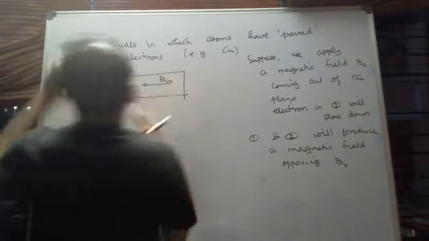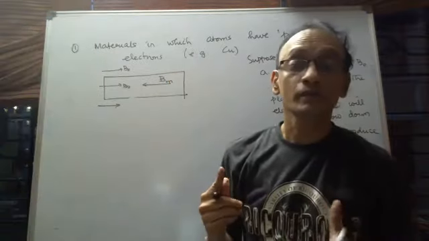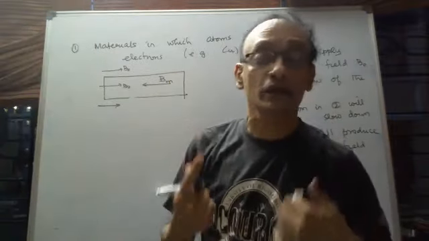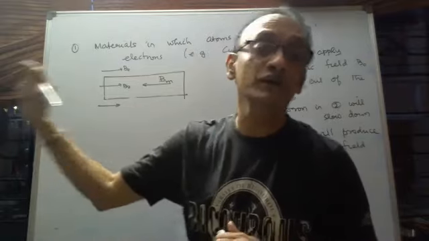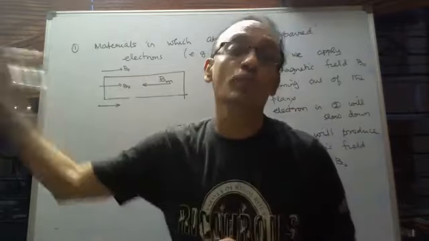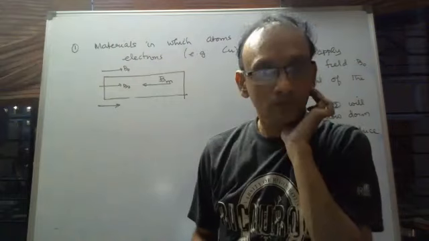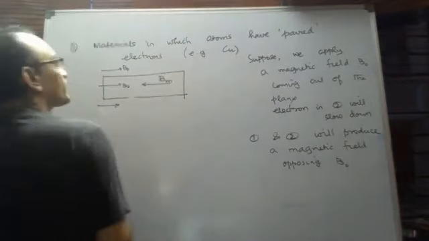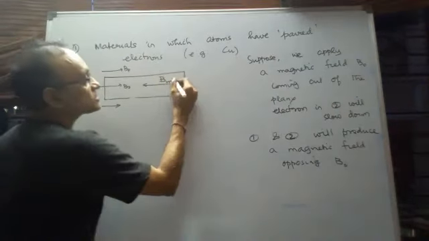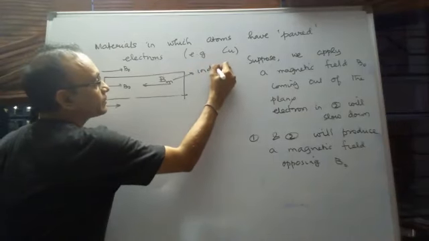Bm is going to oppose B naught because one electron sped up and one slowed down. The net induced field would be opposing B naught. This is the induced magnetic field.